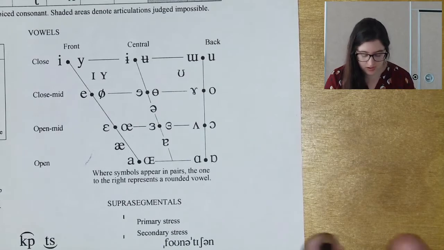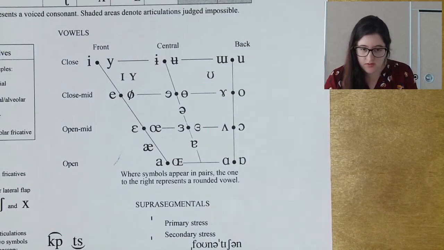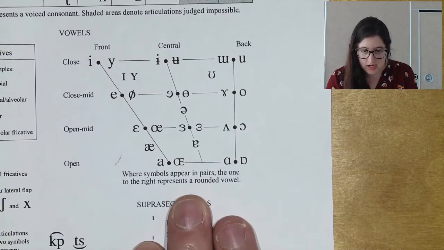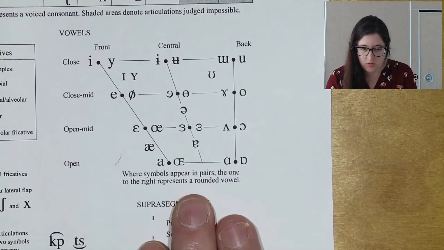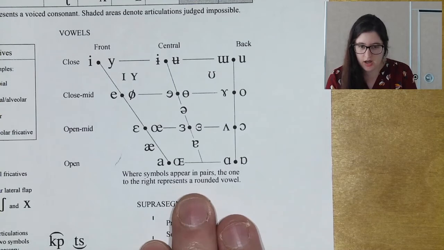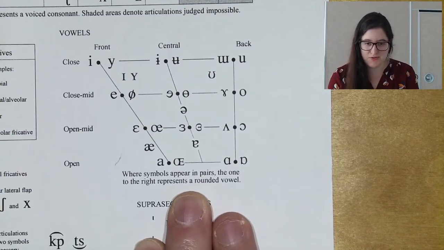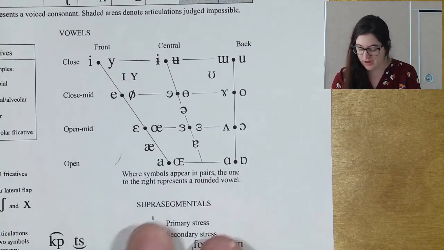There we go. There are quite a few vowel symbols on here, and not all of them are useful. So we're going to try to cover the most useful ones today. Some of them you can just forget about.